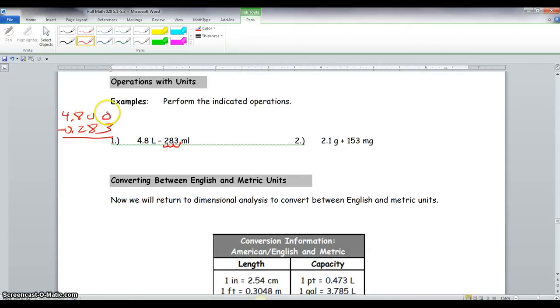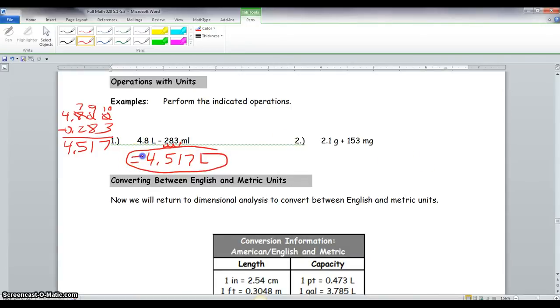We can add our zeros here. Now we know this would be a 10, this would be a 9, and this 8 will become 7. 10 minus 3 is 7, 9 minus 8 is 1, 7 minus 2 is 5, bring down your decimal, and 4 minus 0 is 4. So your answer here will be 4.517, and it'll be liters because we converted everything to liters.